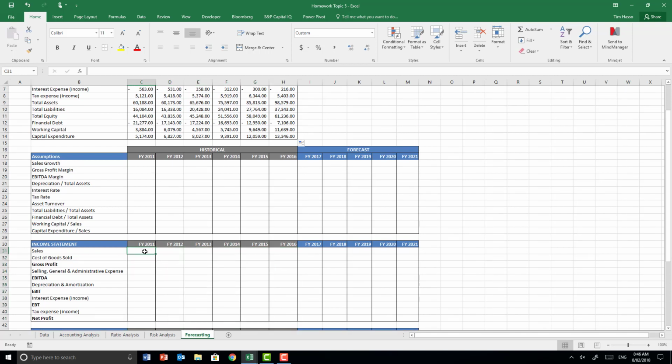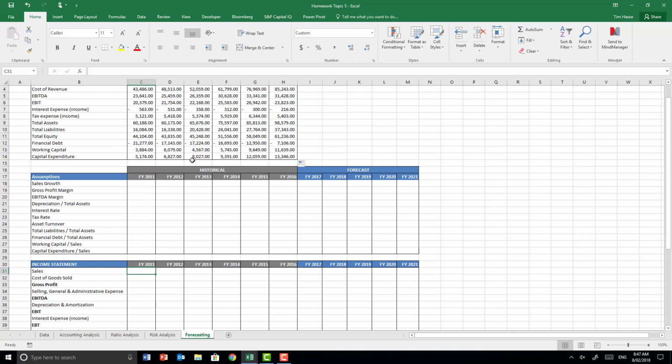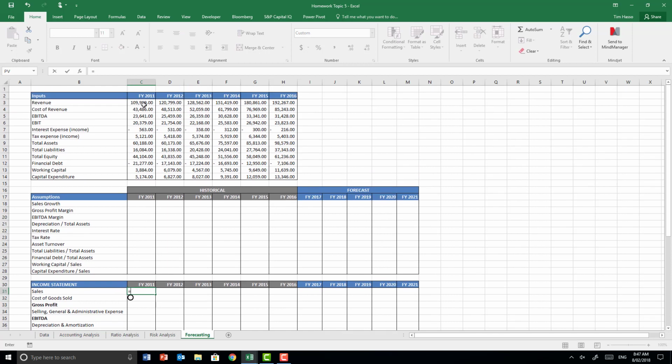This area can be populated by referencing the items that I have as inputs above, and for the ones that are missing, we can usually figure them out. For example, sales in 2011, we would reference cell C3, so it's the revenue in 2011. Cost of goods sold is in the cell just below, cell C4.